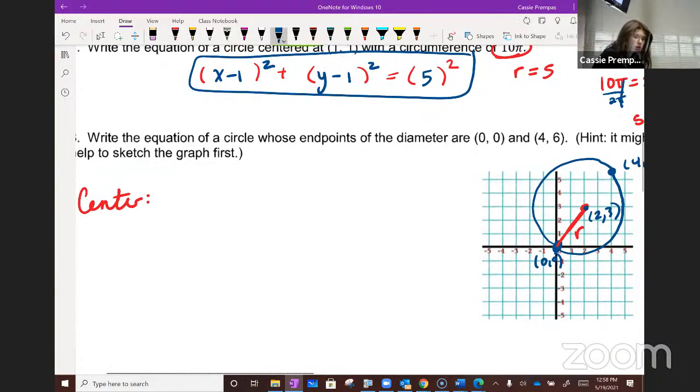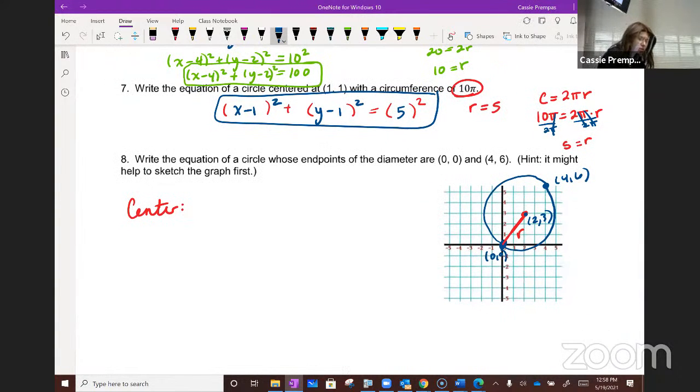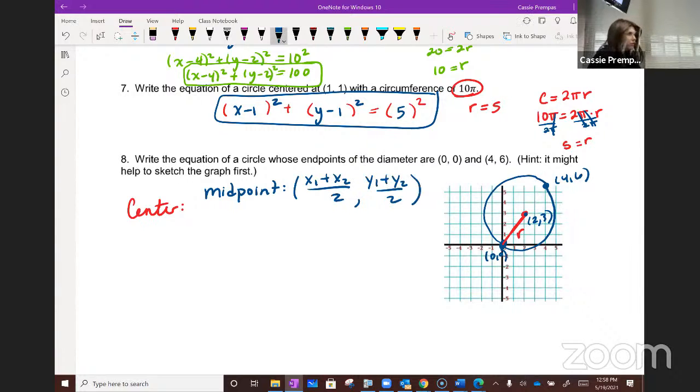The other thing that you could potentially use is the midpoint formula. The midpoint just takes the x's, adds them up, and divides by 2 to find the middle. And it takes the y's and adds them and divides by 2 to find the middle.